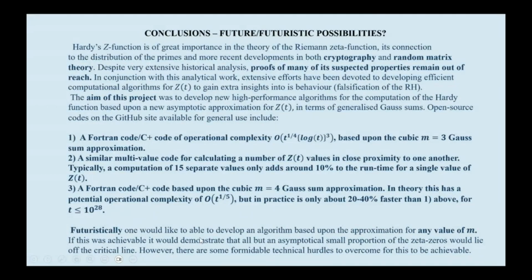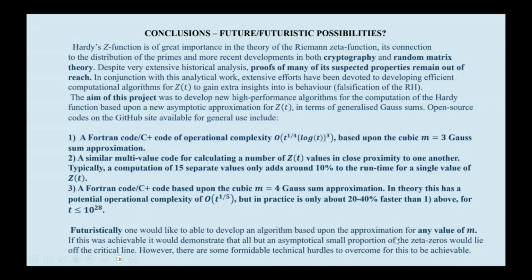That would be not only very important computationally, but also very important theoretically, because it would actually prove something about the zeta zeros. It would say that any anomaly among the zeta zeros would be extremely rare. Only a tiny proportion of zeta zeros lie off the line.